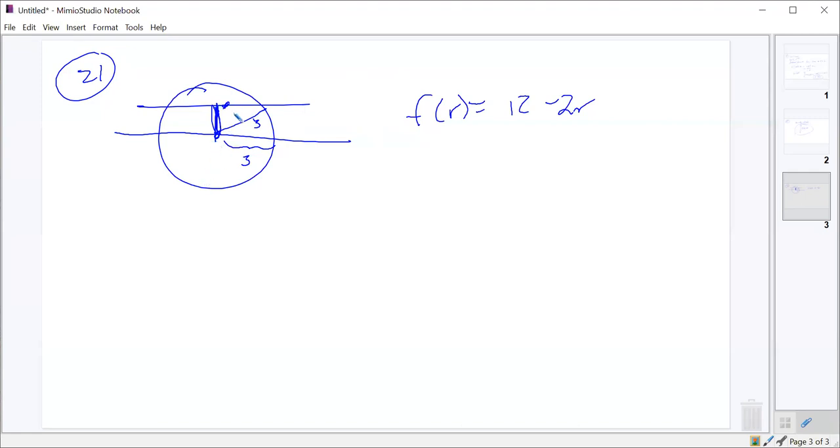Let's see here. That's 3. How do they define this? This is a distance r. That's annoying that they're going to call that r. This is r miles from the highway. And so, let's see.